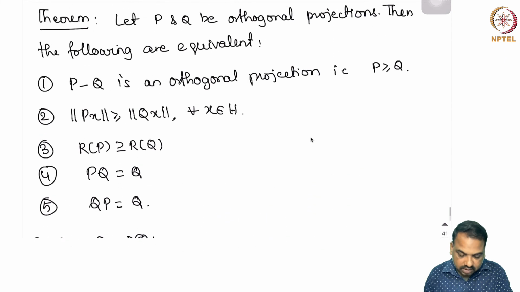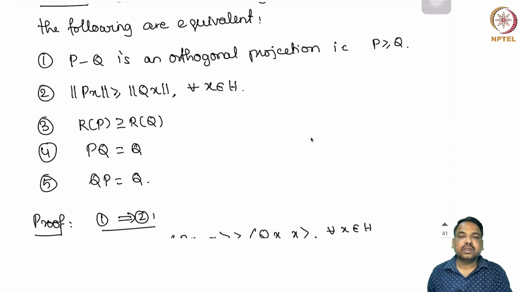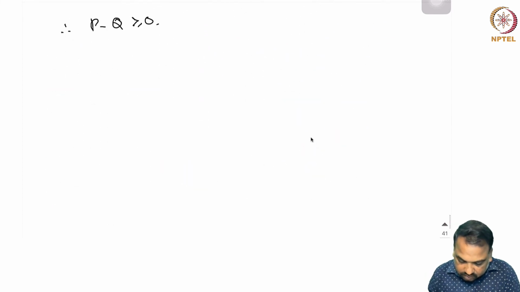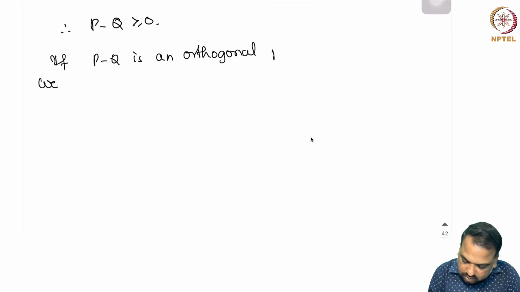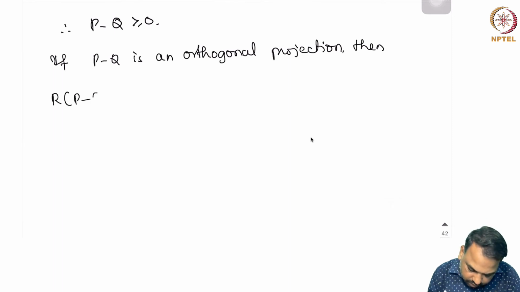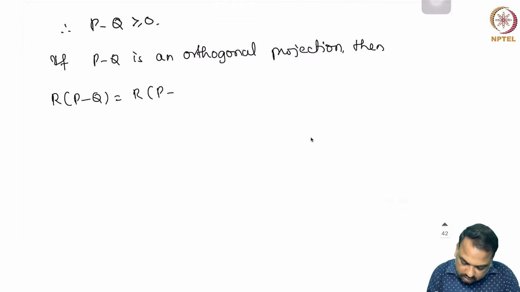Now let us look at the range of P minus Q. We only concluded that P minus Q is an orthogonal projection. So if P minus Q is an orthogonal projection, then the range of P minus Q can be written as P times (I minus Q).